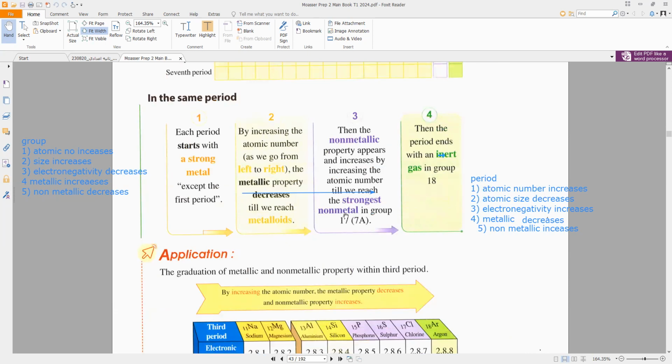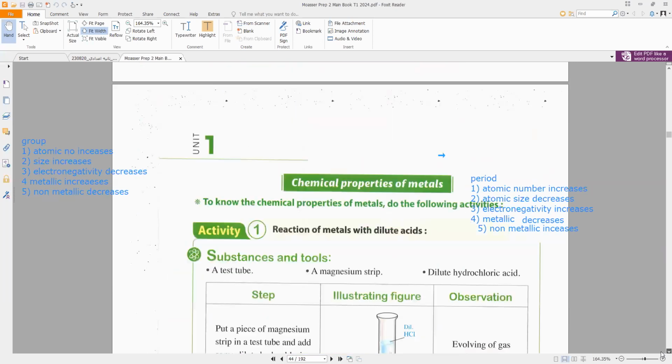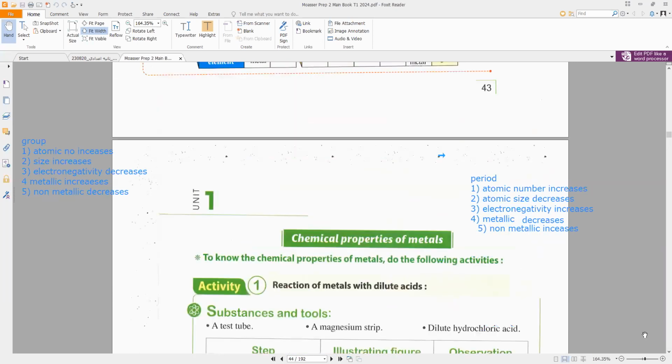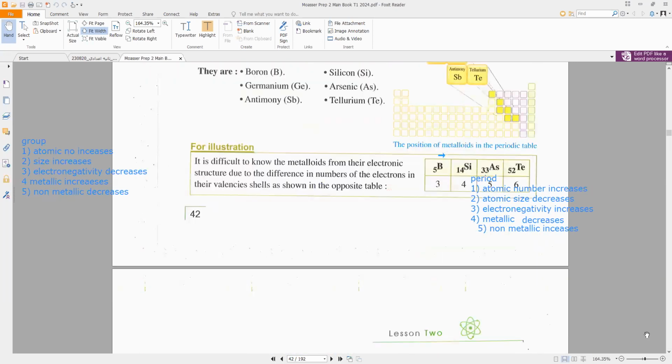The strongest non-metal group is group 7A. The strongest metal is in group 1A at the beginning of each period. The inert gas is the zero group, as we studied. The table we study has four types of elements: metal, non-metal, metalloid, and noble gas.